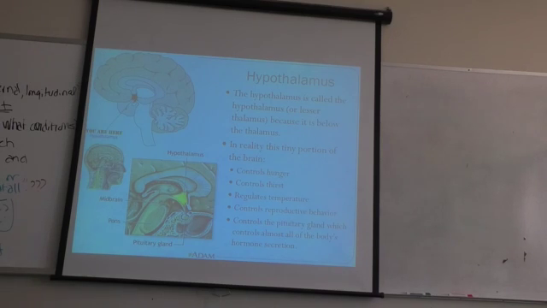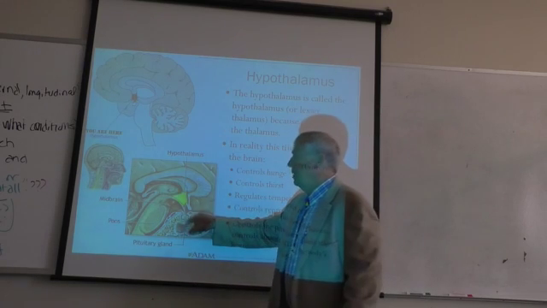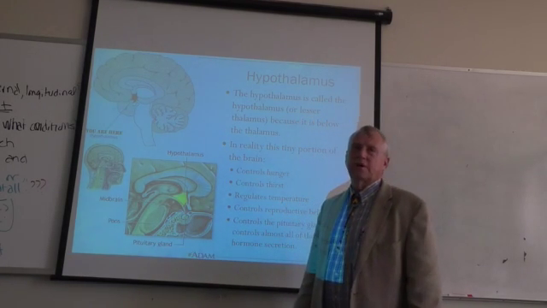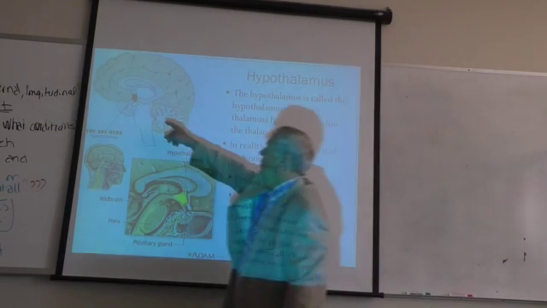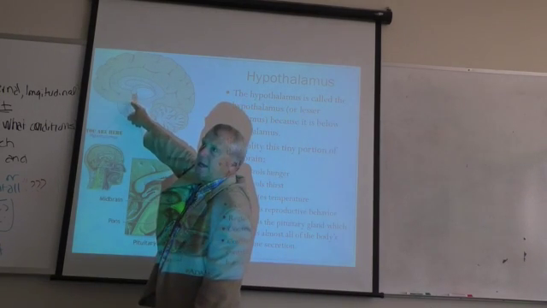So, could that affect the thyroid, like people with thyroid problems? The pituitary controls the thyroid. Where's that pituitary? The pituitary gland is right here. This little P-shaped structure right there. It's right below the hypothalamus.